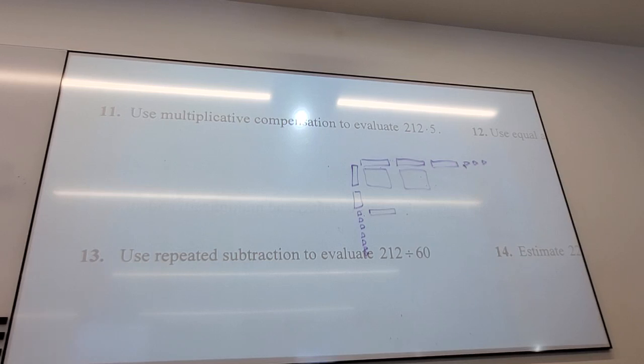What would you do if you're dividing 3 divided by 7? If you're dividing something bigger, you can always subtract. So it would go in 0 times, right? So 7 into 3, I go in 0 times.